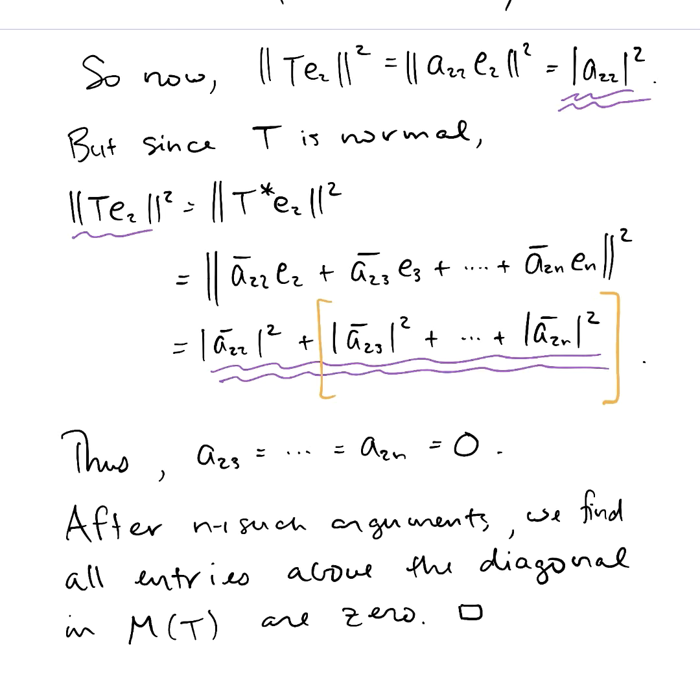We've done both directions, so the whole thing's over. Complex spectral theorem in the books. A linear operator on a complex finite dimensional inner product space is normal if and only if its matrix is diagonal with respect to some orthonormal basis.